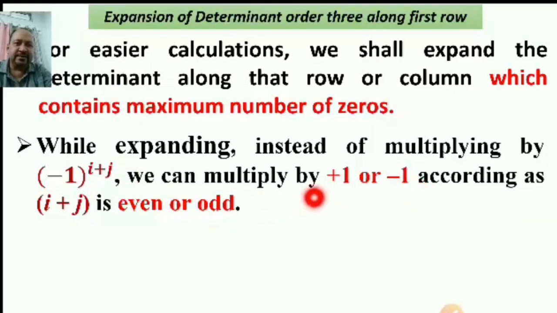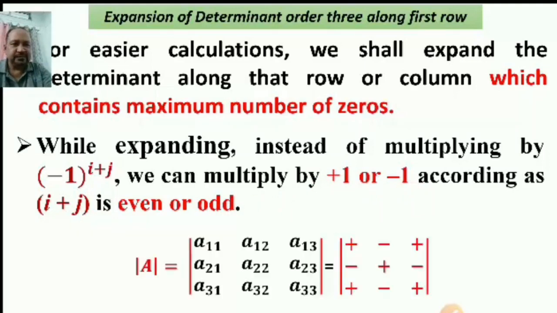So we can multiply by +1 or -1, just according to whether i plus j is even or odd. If i plus j is even, then there will be +1, and if i plus j is odd, then the sign of the term will be -1, like this.